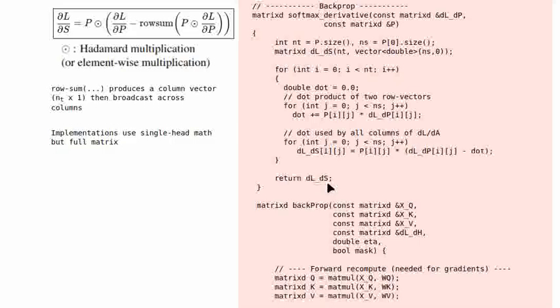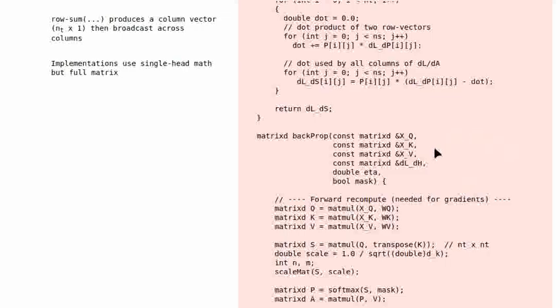So this is the implementation of the softmax derivative, and this will be used in our backprop. So this is a function backprop with these inputs xq, xk, xv, dl, dh, the eta, and mask.